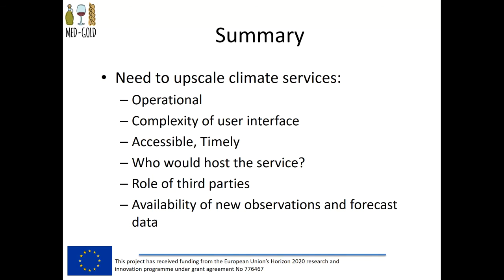If certain types of users need something that a project couldn't create, then it would be sensible to involve third parties who could develop bespoke solutions for them. And again, when new observations or forecast data are available, it's important that the service is capable of ingesting those, so it's using the newest and best data available to give the users the best service. So I'll stop there and take any questions.